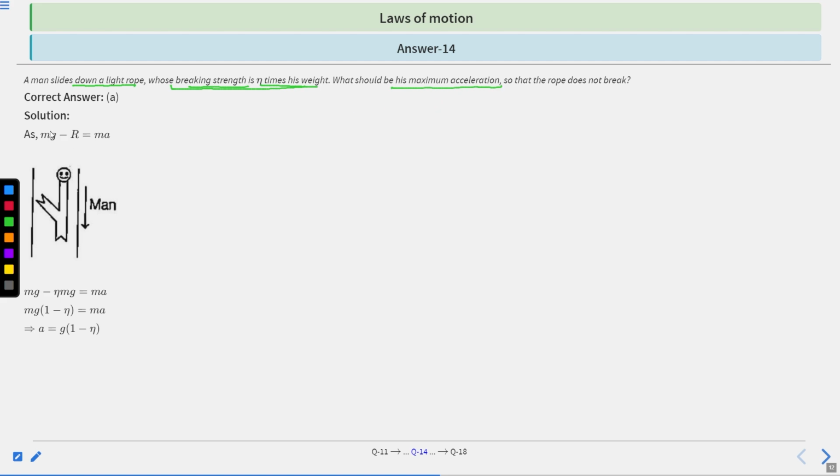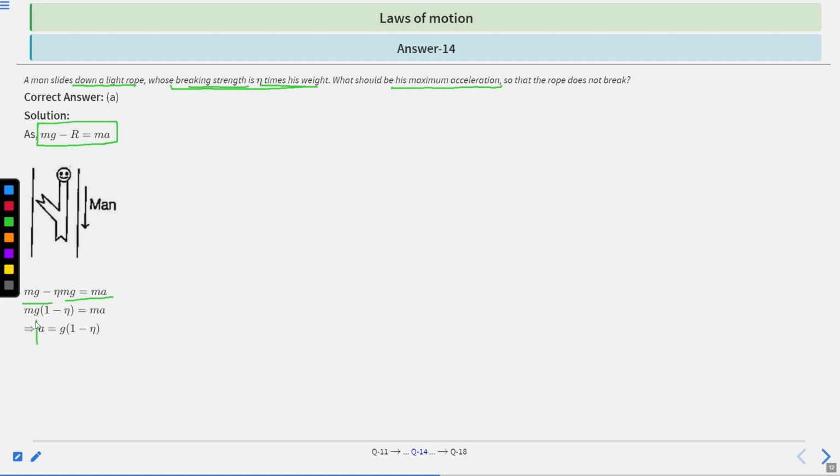So as we know, mg minus R equals ma. Clear? Solving this, mg minus eta mg equals ma. So mg(1 minus eta) equals ma, and acceleration equals g(1 minus eta).